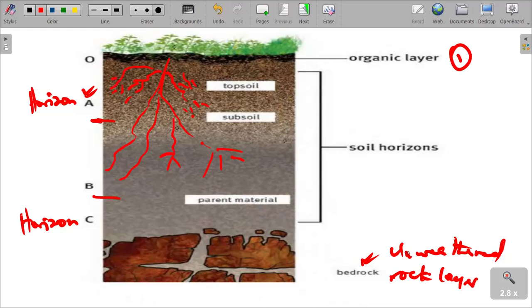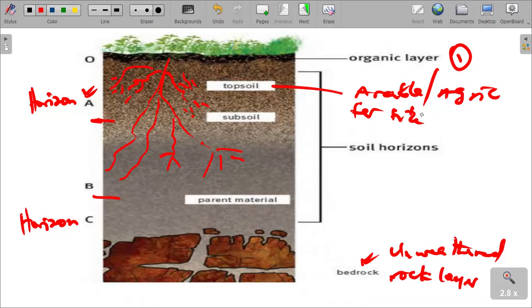Topsoil forms the arable or agricultural soil that we need. Fertile soils are found on horizon A. So that is basically the structure that we are looking at.